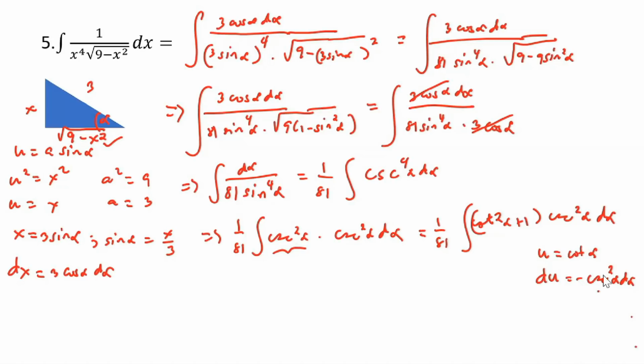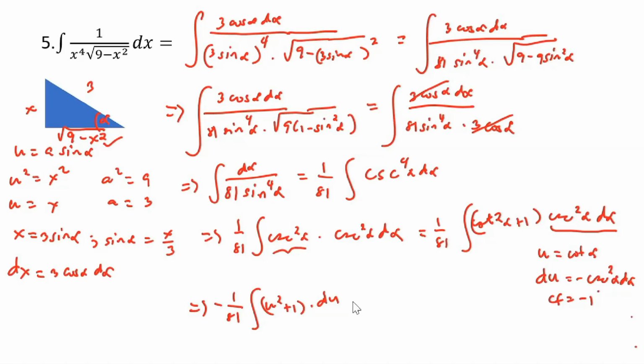So I have negative cosecant squared alpha d alpha, but I only have here cosecant squared alpha d alpha. In other words, I have a coefficient factor of negative 1. So therefore, we can write negative 1 times 1 over 81. I have the negative of 1 over 81 times the integral of, the meaning now of cotangent is u, so we can write now u squared plus 1 times the meaning of cosecant squared alpha d alpha, which means du.